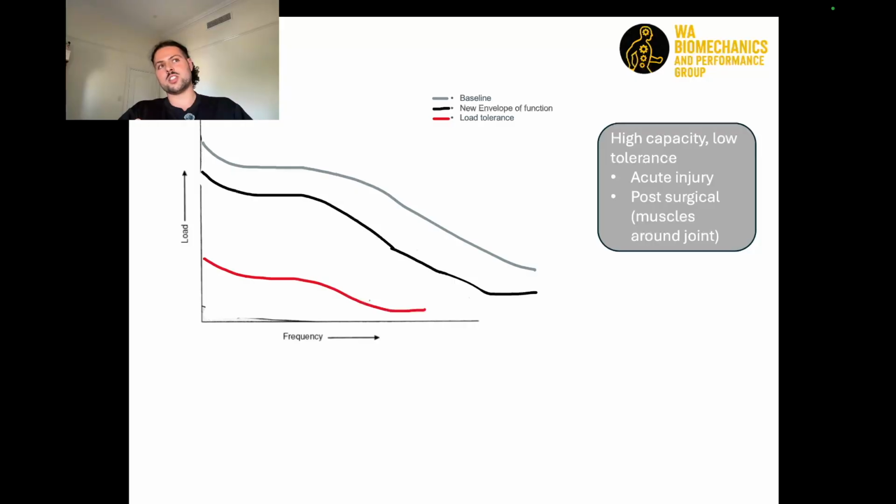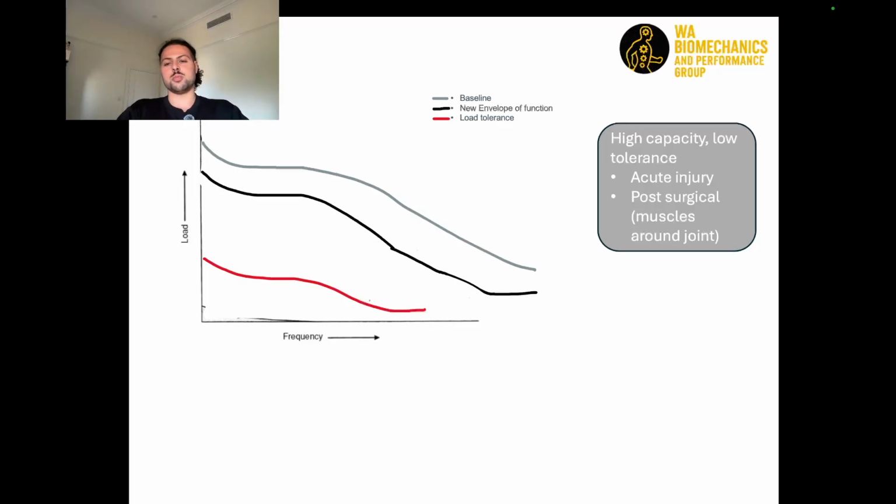Obviously in 2 days, the plantar flexor envelope function is not going to deteriorate or decondition that much. You're not going to lose strength, peak force capacity in 2 days. However, the ankle is going to be so painful, right? So obviously that load tolerance is going to be low when we start to do plantar flexion as a movement, but it's not because we don't have a lot of strength. It's because we are limited by pain, right?